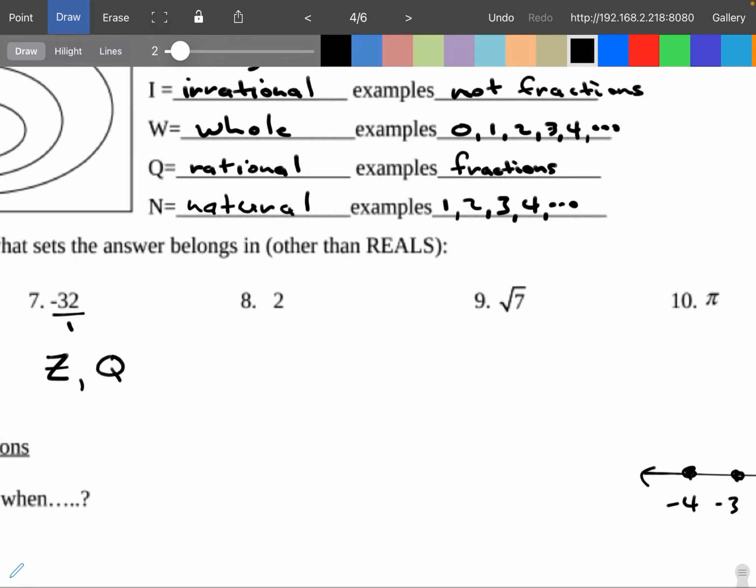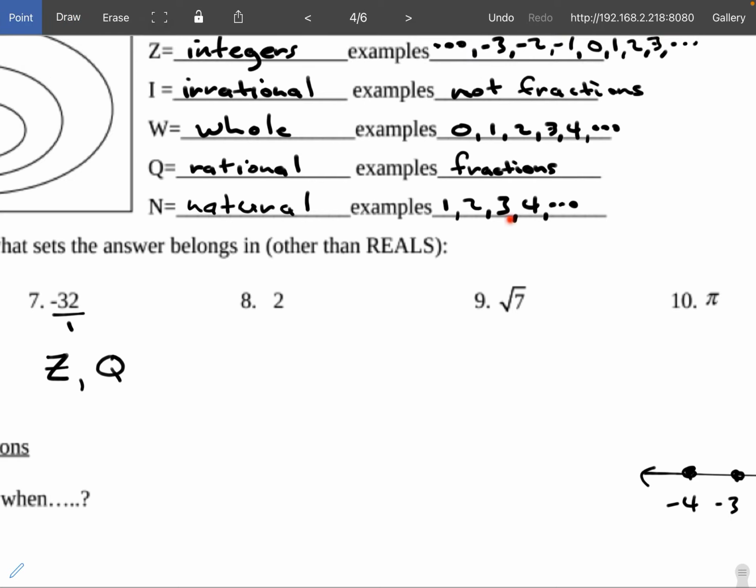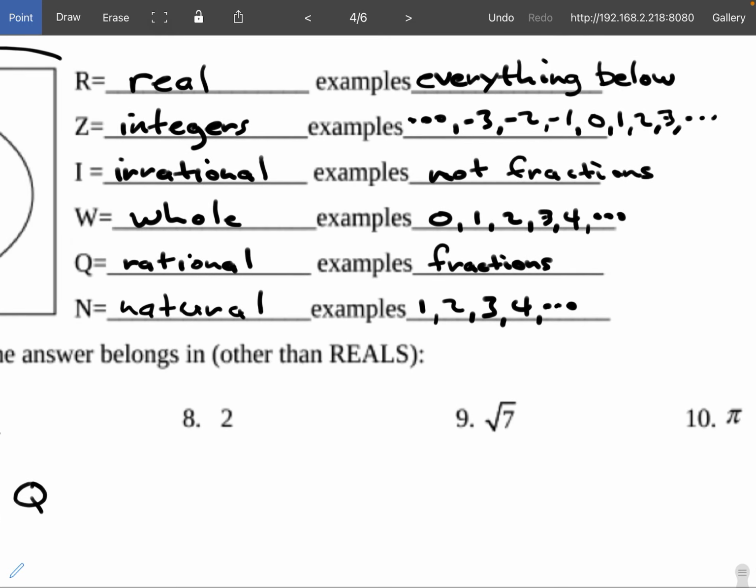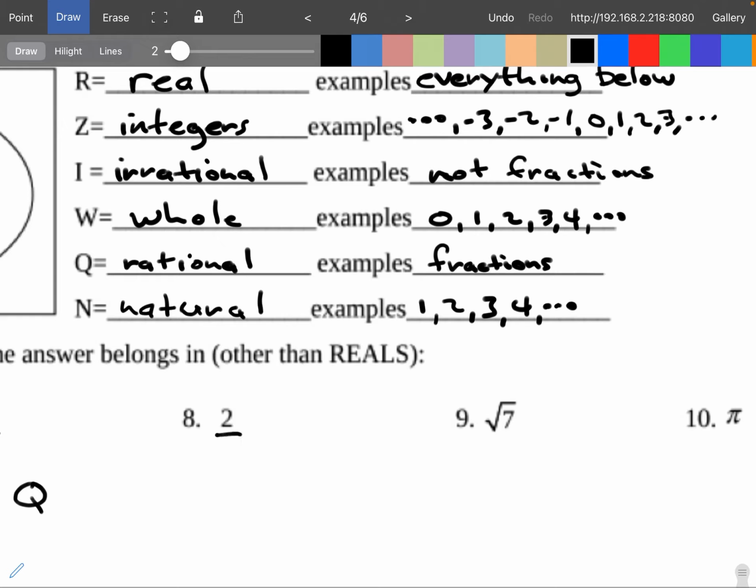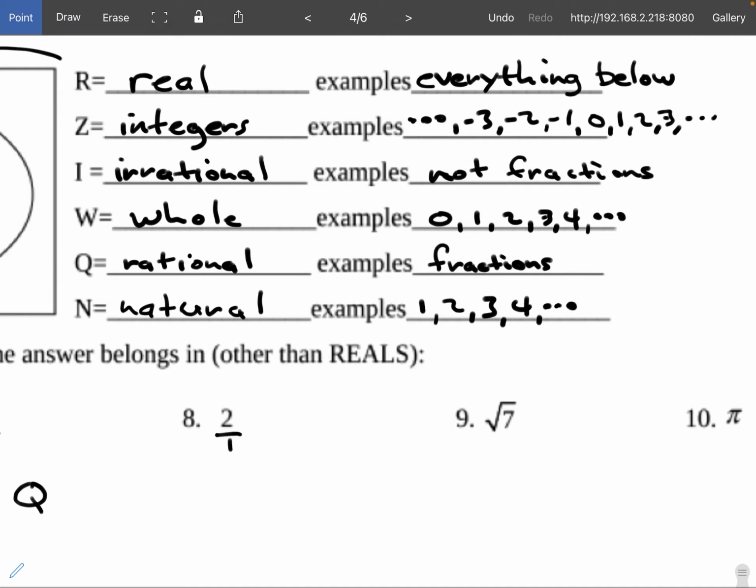Now, what about the 2 there? Is 2 in this set right here? Yeah, so it's natural. Is 2 in this set right here? Yes, so it's also a whole number. Is 2 in this set right here? Yes, so it's also an integer. And then I could also write it as 2 over 1, so it's a fraction, right?